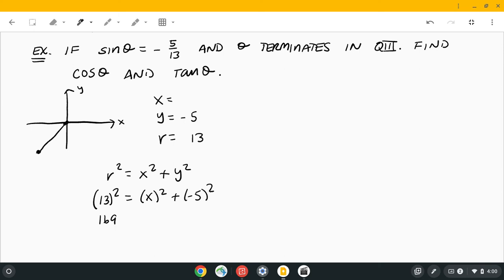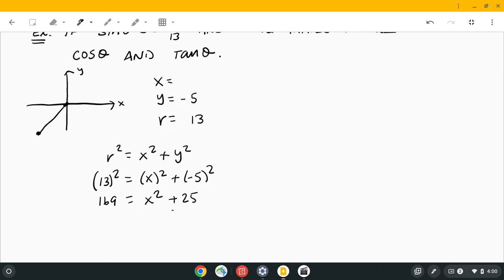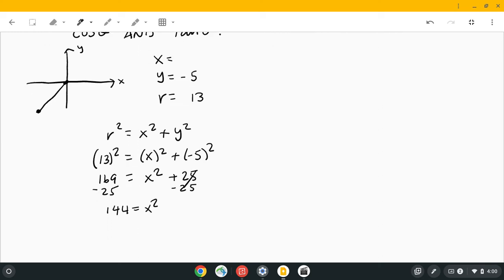So 169 equals x squared plus 25. And if you solve for x squared, we get 144 equals x squared. Take the square root of both sides, and the square root of 144 is 12. Okay, so x equals 12.